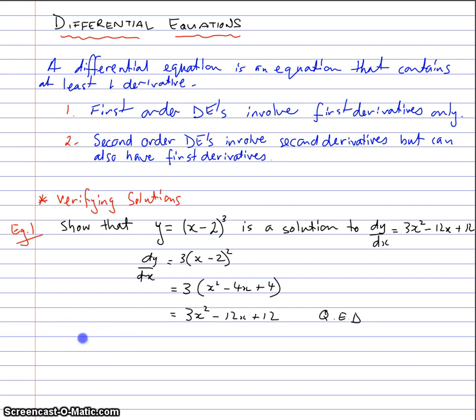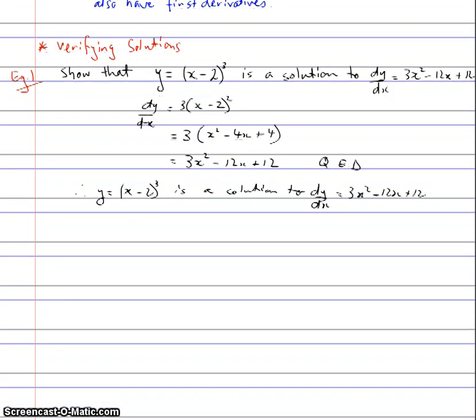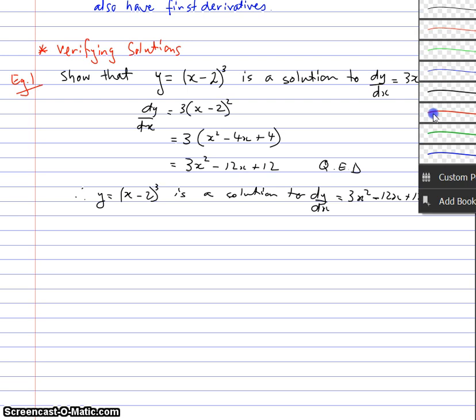We could simply say, therefore, y equals (x minus 2) cubed is a solution to dy/dx equals 3x squared minus 12x plus 12. So that's a fairly typical sort of question that you'd be familiar with and wouldn't have been difficult to work through. Let's look at another example.